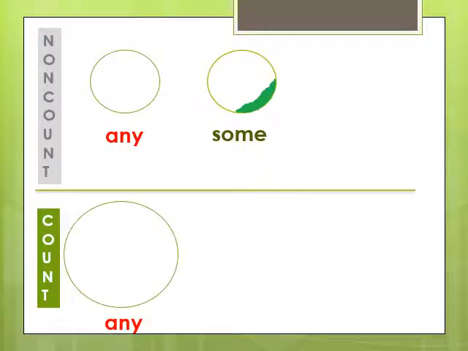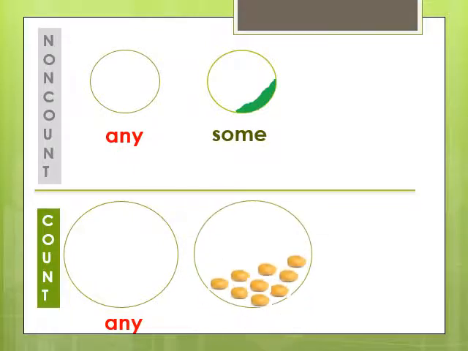We also use any with countable nouns. The same idea. Empty, nothing is here. Then look at this. 3, 4, 5, 6. We have some potatoes.